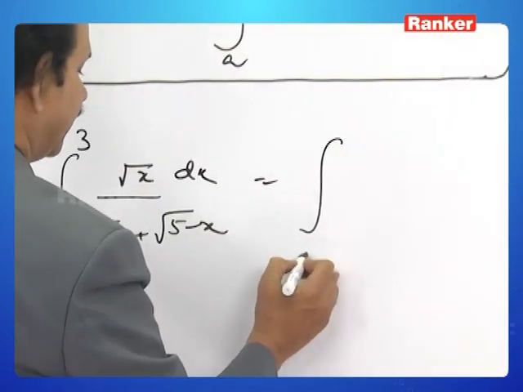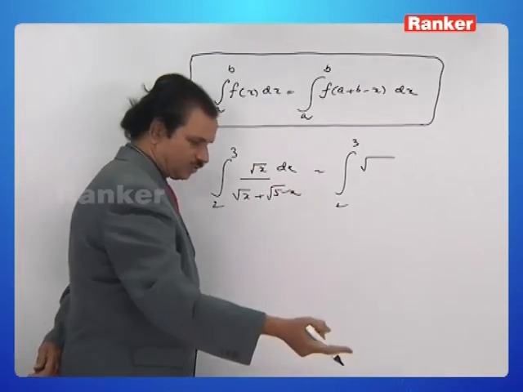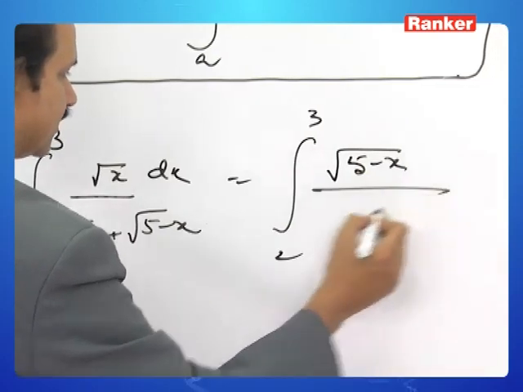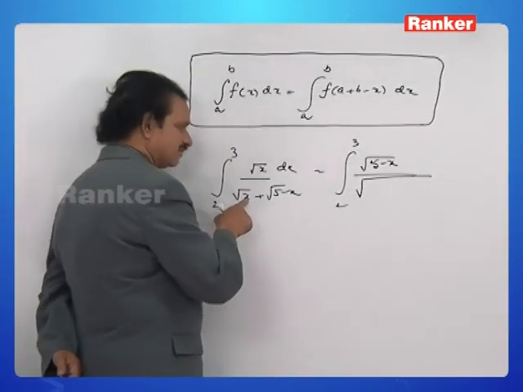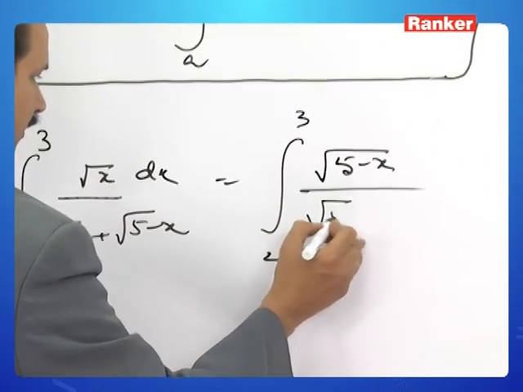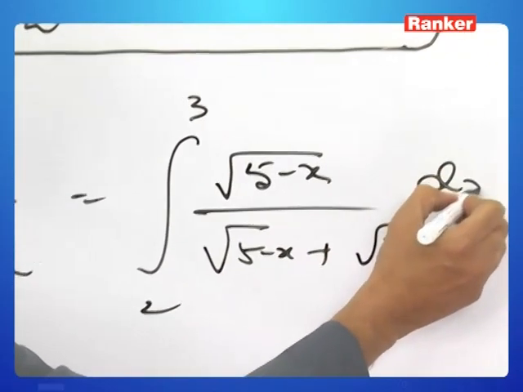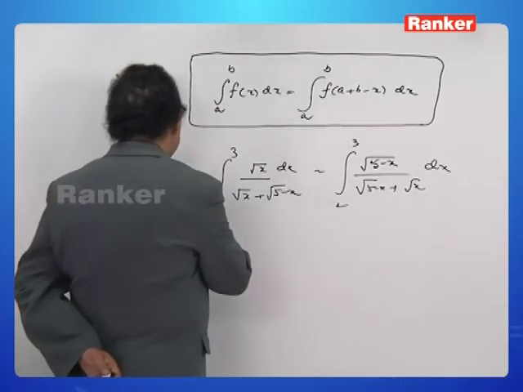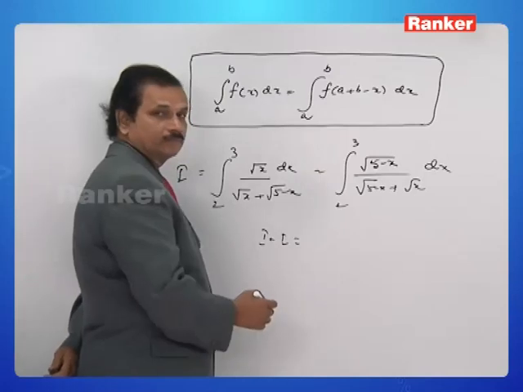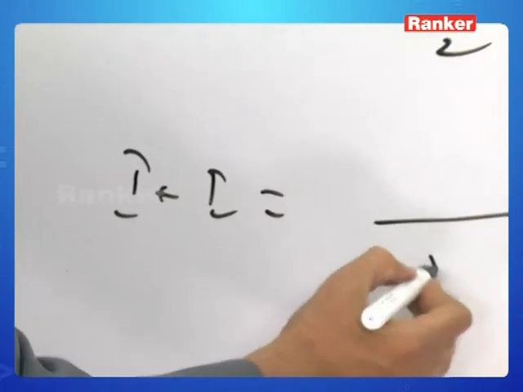This is equal to integral 2 to 3, with a plus b minus x, what is that? 5 minus x. In the place of x, we can write 5 minus x. Call this I. Now, I plus I, you add these two. The denominator root x plus root 5 minus x is the same denominator.